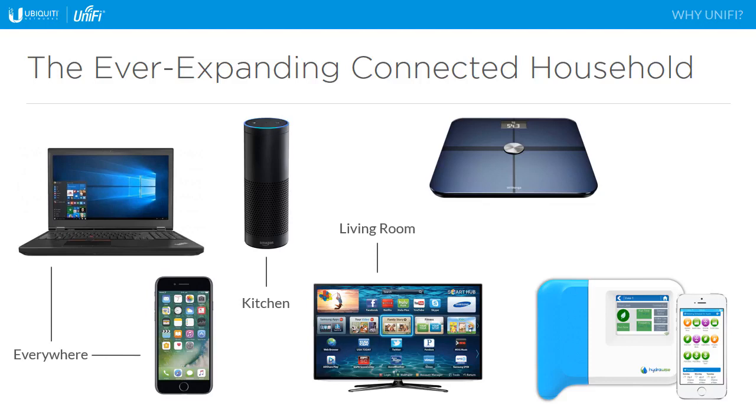The living room is where you might find your smart TV, so we need Wi-Fi there too. Obviously, something like the scales are going to go into the bathroom. And that's one room of the house where we haven't traditionally expected to have a good connection. And of course, if you have a Wi-Fi connected irrigation system, it's going to be outdoors.